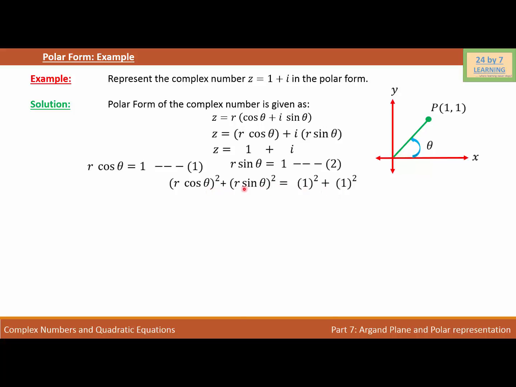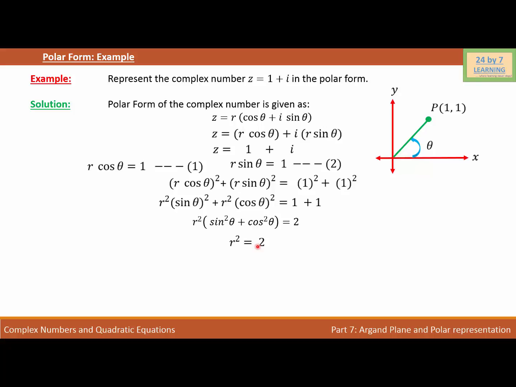If I further simplify, I will take r squared outside, and inside the bracket I have sine squared theta plus cosine squared theta, equal to 1 plus 1, which is 2. As we know, sine squared theta plus cosine squared theta is 1, so r squared equals 2.